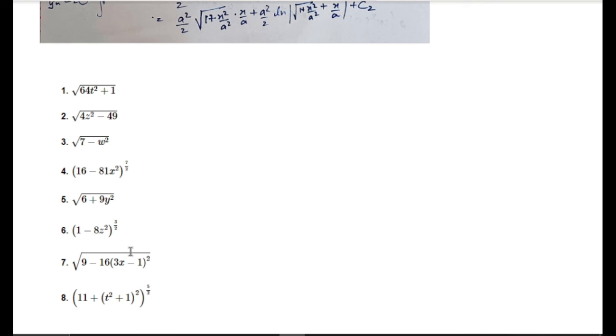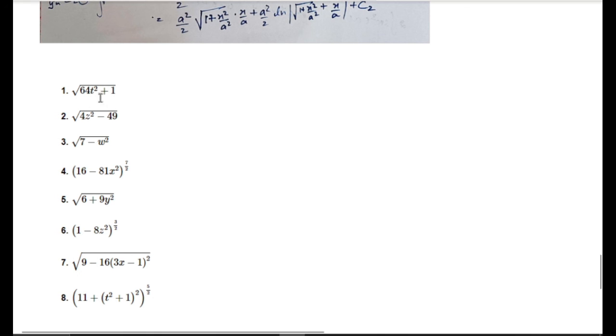So what are you going to substitute here? See, this is 64t square plus 1. Because this is plus, this is of the form 1 plus tan square theta. But what should we let t as? Initially you can take 64 as common, so this will reduce to t square plus 1 over 64.